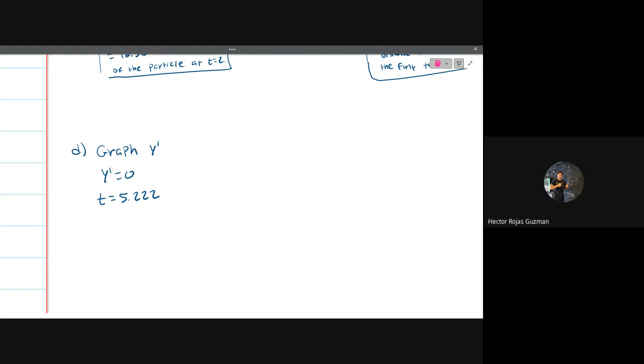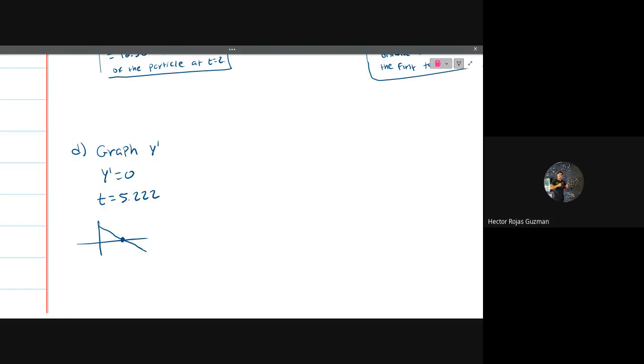I don't know if the graph looks like this, but I'm just going to make up a sketch. You're going to see your own graph. But the first section is going to be above the x-axis. The second one's going to be below, and that's the part that we want. We want this chunk right here. We want y prime to be negative.